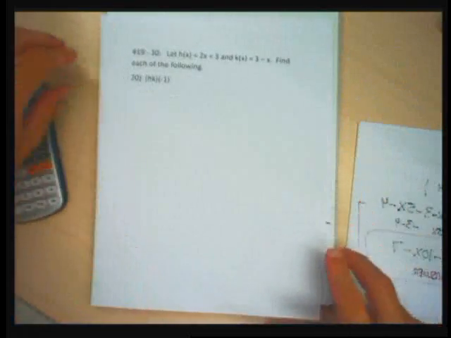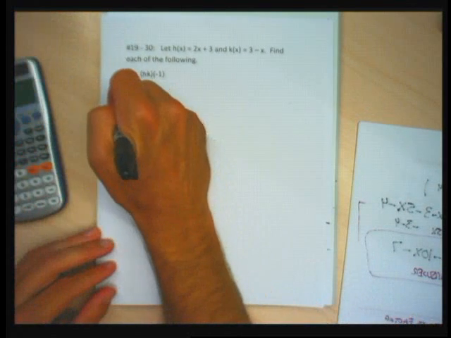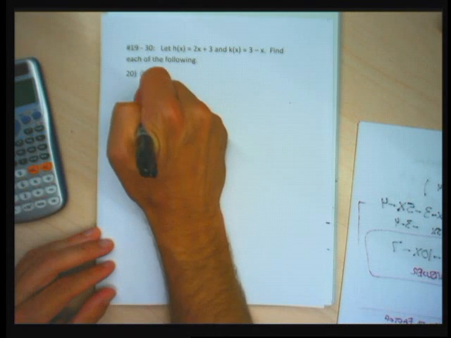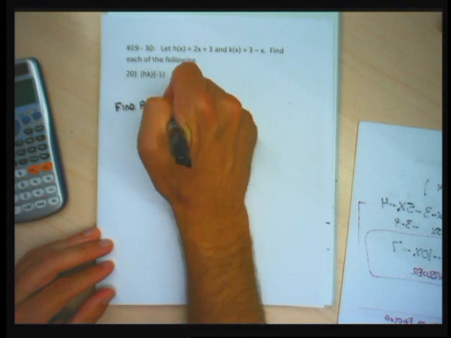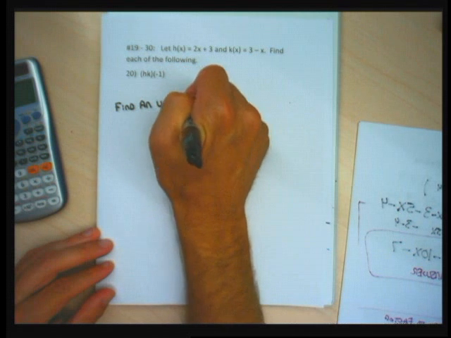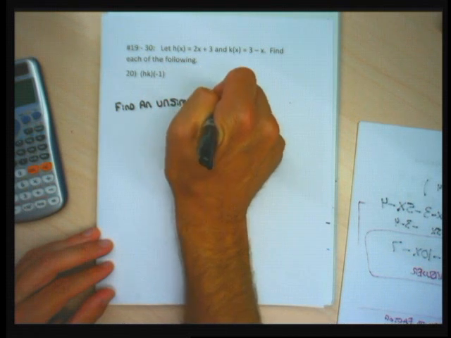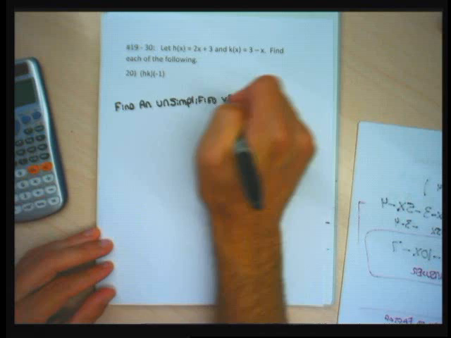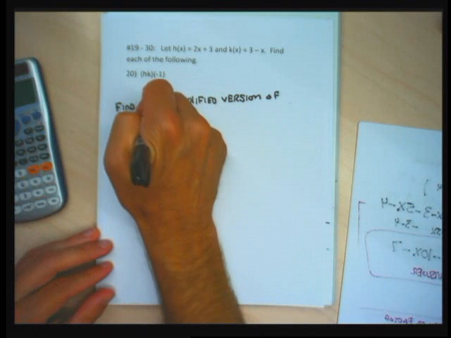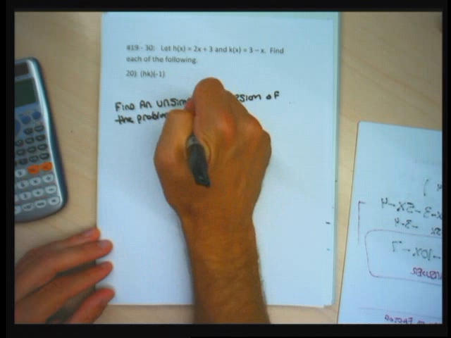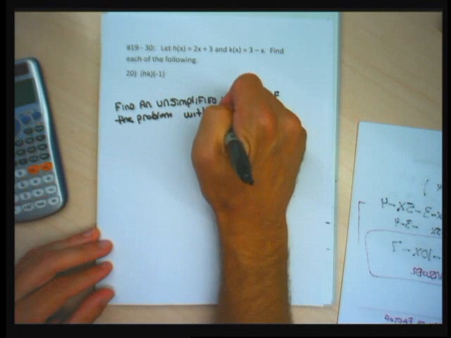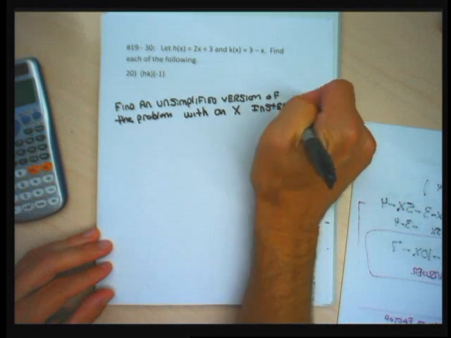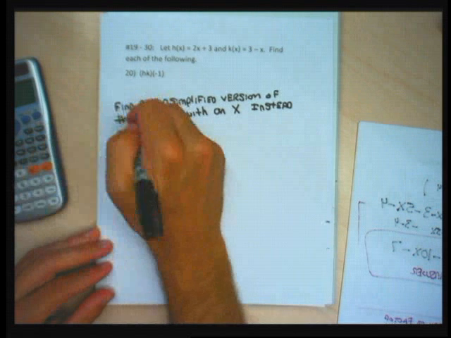So for each of the problems between 19 and 30, I start off and I find an unsimplified version of the problem with an x instead of the number that's actually given in the problem, which seems silly to do, but it's actually going to help.